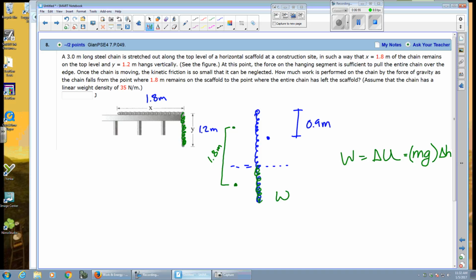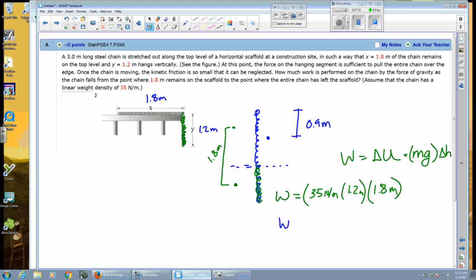I've got my linear weight density, and that times the length will give me the weight of each of these segments. So I do my 35 newtons per meter, multiply that by my 1.2 meters, that's the weight of the green section, and it changes height 1.8 meters.